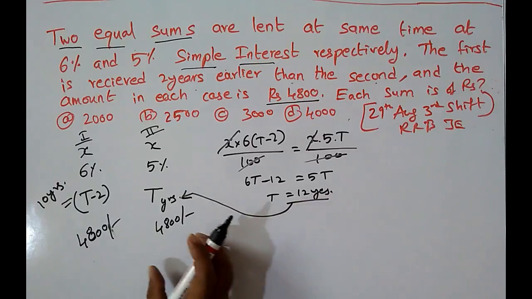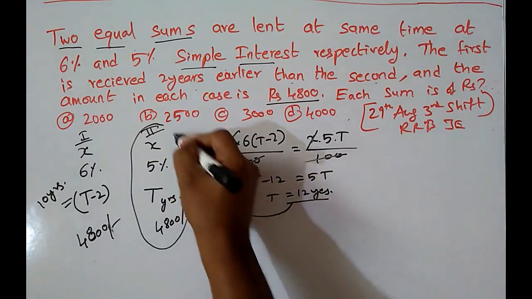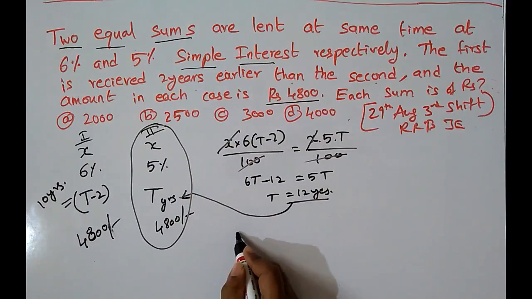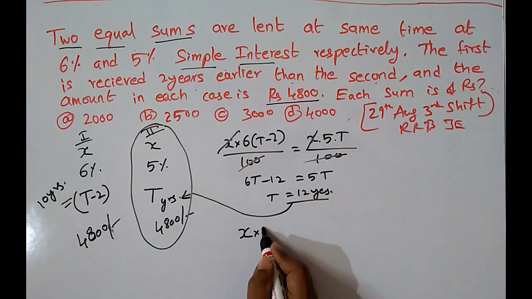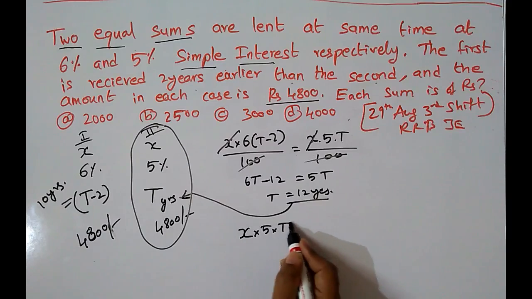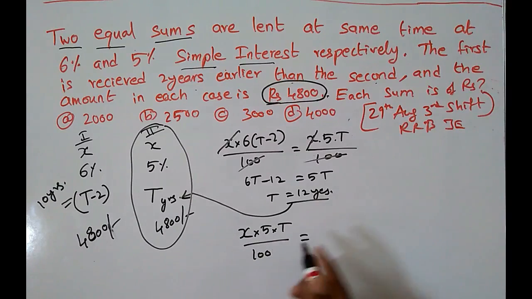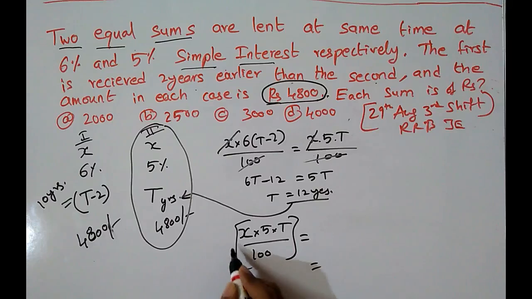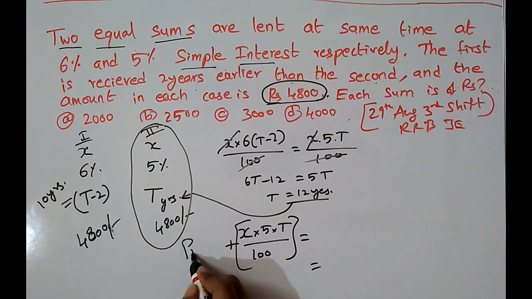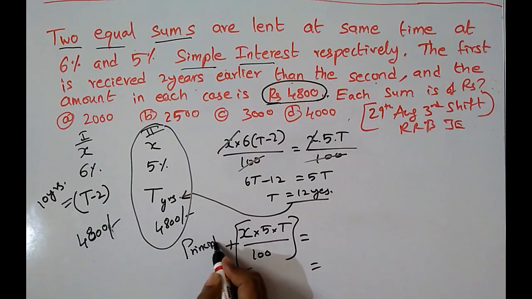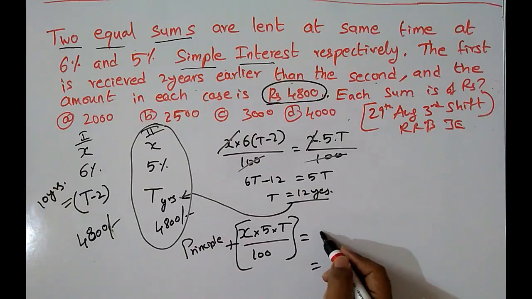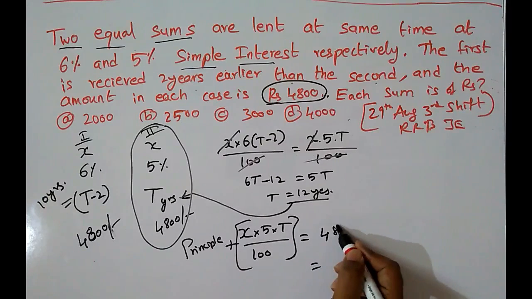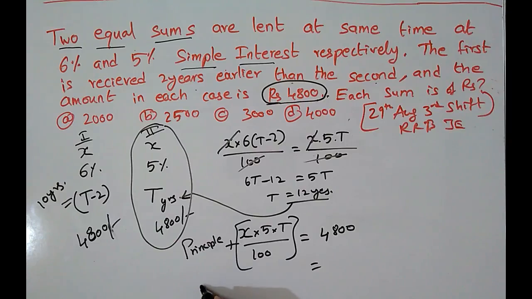Suppose we take the second sum: x into 5 into t by 100. This is simple interest plus principal, which gives rise to 4,800. Principal is nothing but x.